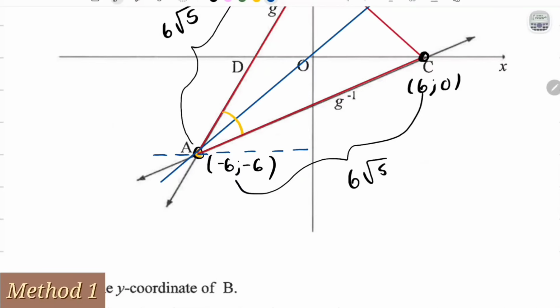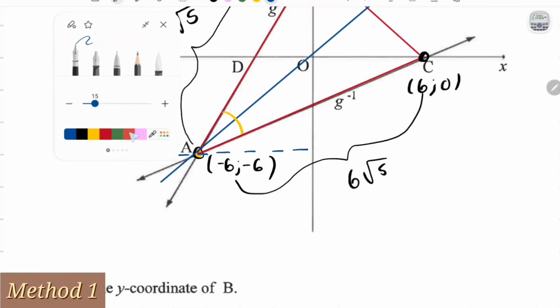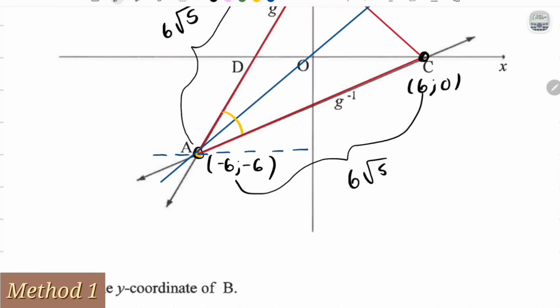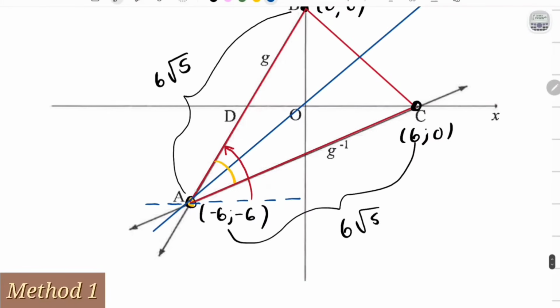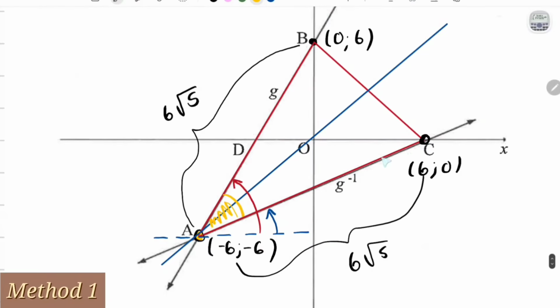We can find that angle by finding, first of all, the angle of inclination of the line AB, that entire line. And then we find the angle of inclination of the line AC, this angle. Then if we take this big angle and subtract this little angle, we will be left with this angle. So that's how we can find this angle in yellow, that angle BAC.